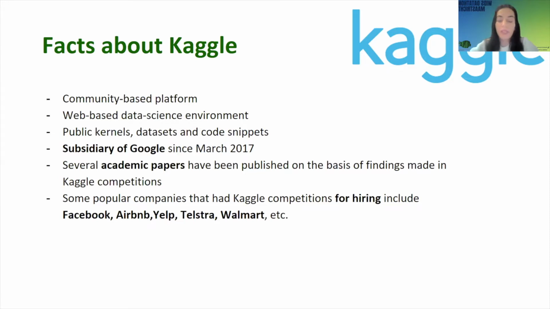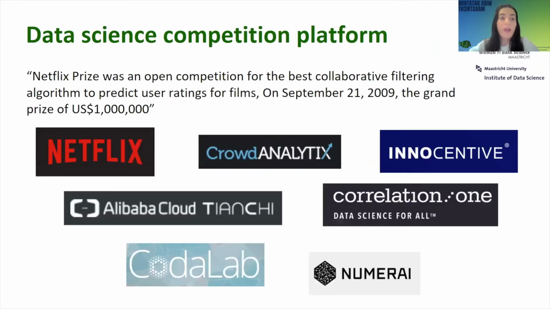For example, the Netflix Prize was an open competition for the best collaborative filtering algorithm to predict user ratings for films, and the grand prize for that was $1 million.